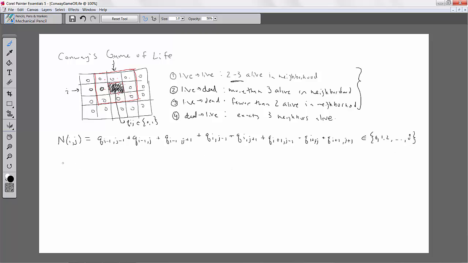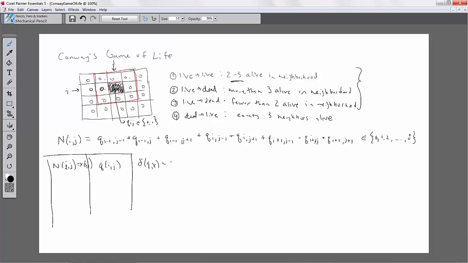Based on this neighbor function, we could build an easier transition matrix that has the current neighbor value and the current state, and it will tell us the delta function. So this is really x of ij, our input.